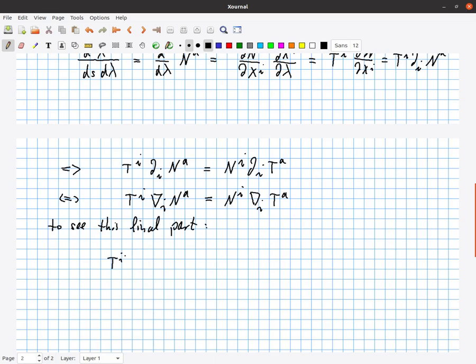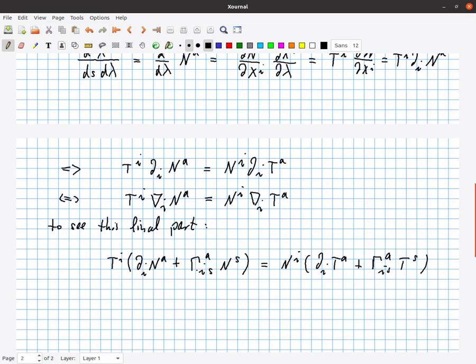To see this final part, if we write out again what the meaning is of the covariant derivative acting on a vector, ∂_i n^a plus Γ^a_{is} n^s, and on the other side n^i ∂_i T^a plus Γ^a_{is} T^s. All we have to look at is the Christoffel symbol component terms, and we recall that the Christoffel symbol in general relativity is symmetric in the lower two indices.